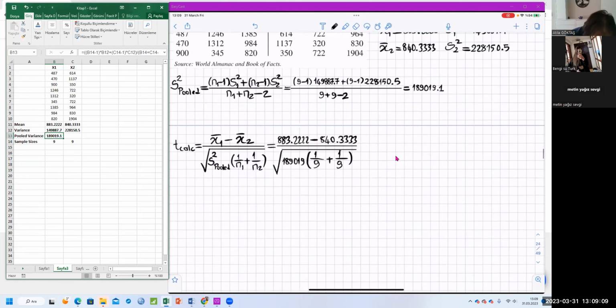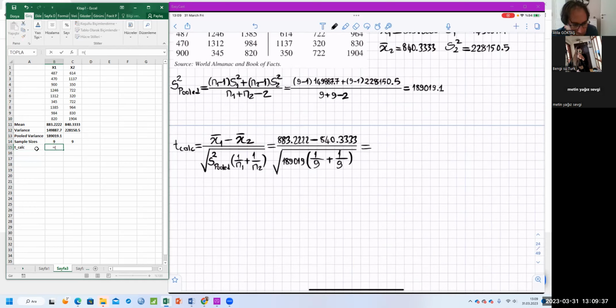Okay, if you perform such a calculation, I will do it in Excel. I'll get back to my Excel file, or you can try yourself if you have a calculator. For the T-calculated statistics, I'll write the function.